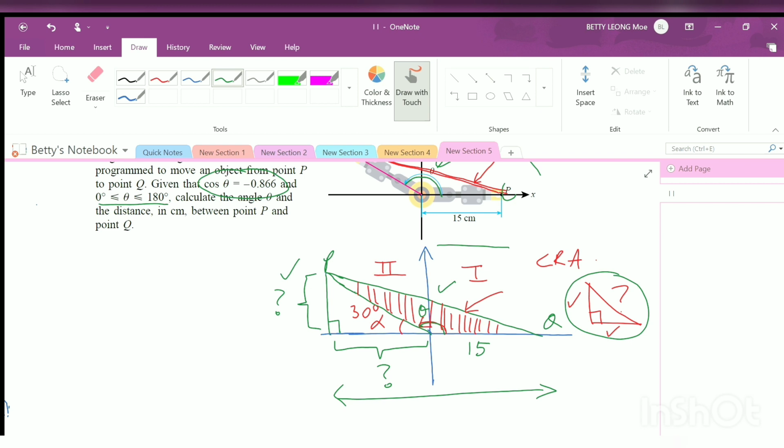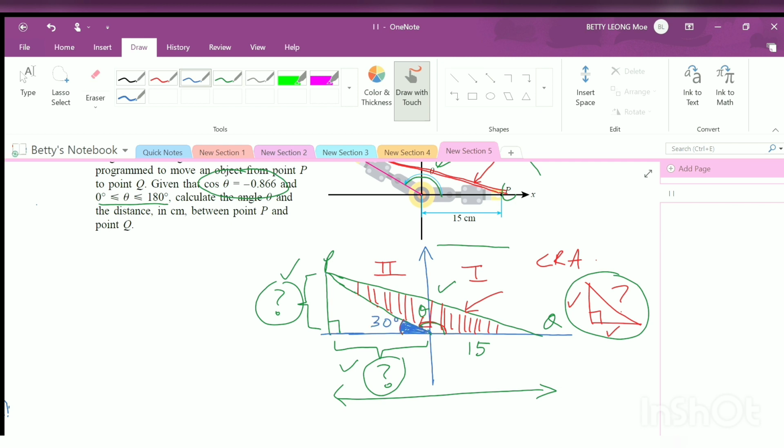Okay. You can find this one because you have this angle 30. And also this one you can find because you can use any of your sin, cos, tangent. So let's try.